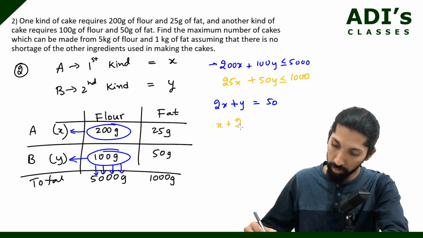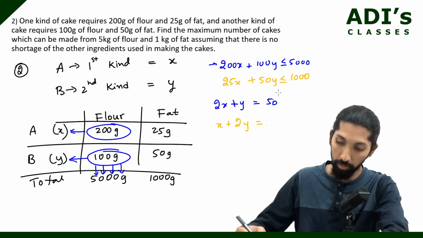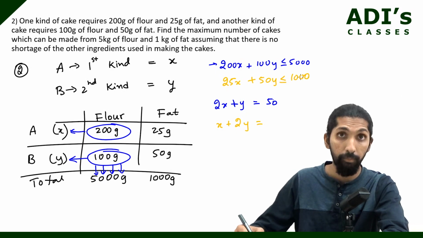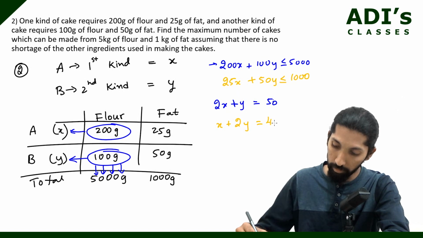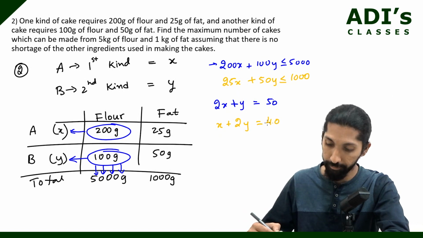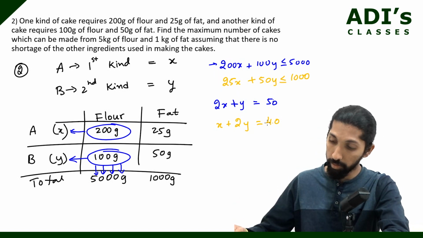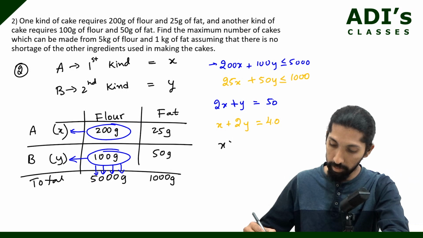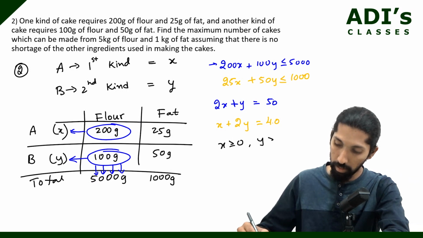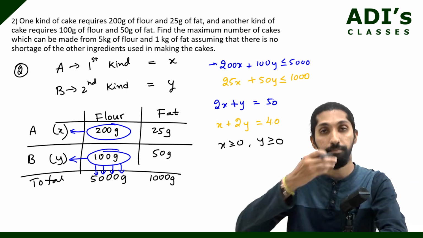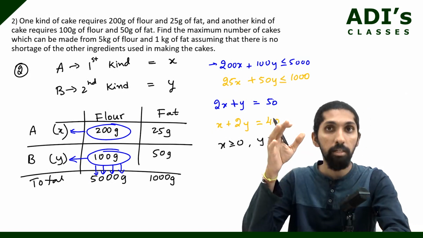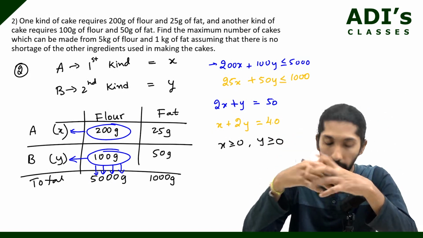So x plus 2y is 40. Now we have the two equations, the two constraints, and we have everything now.